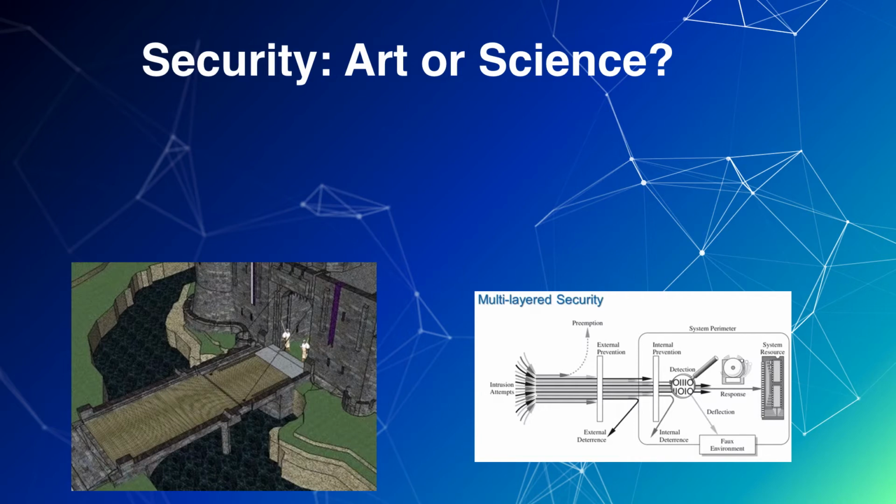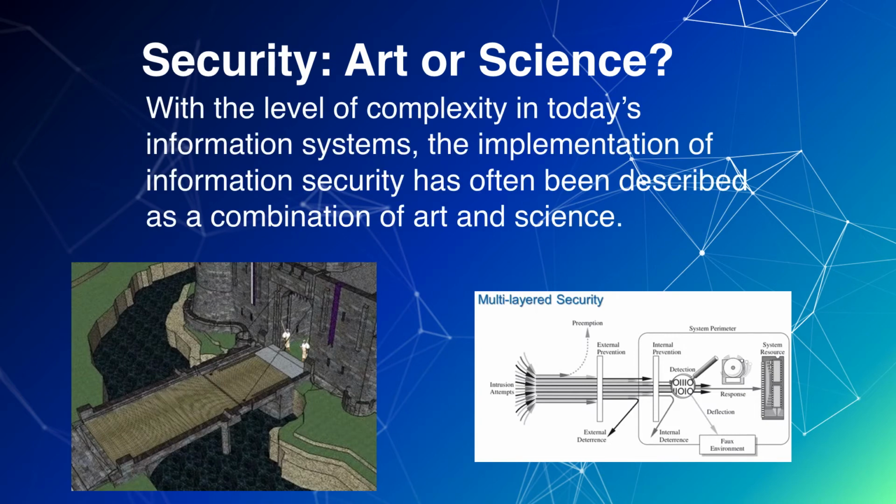I don't know, if somebody finally got up the cliff and across the drawbridge, the people standing at the gate would say, "Password, please," and you would have to say something, "May Queen Matilda live forever," or something like that. A more scientific approach is kind of demonstrated over here on the left, modern era, multi-layered security, but if you look at the way the diagram is laid out, it still has elements of the castle system, right?